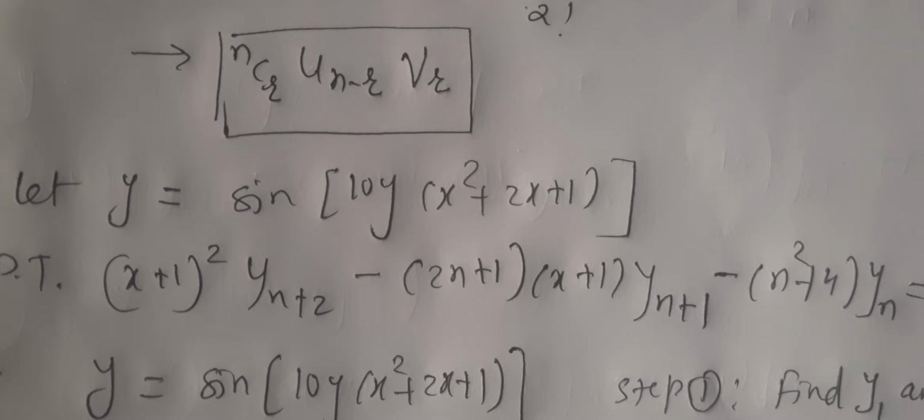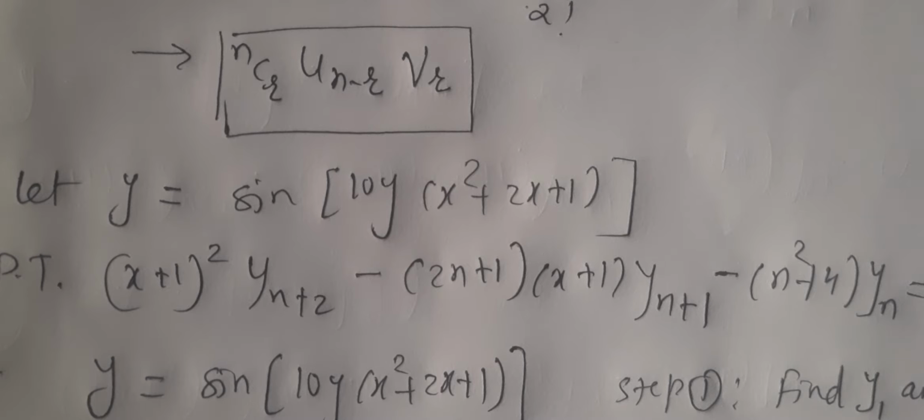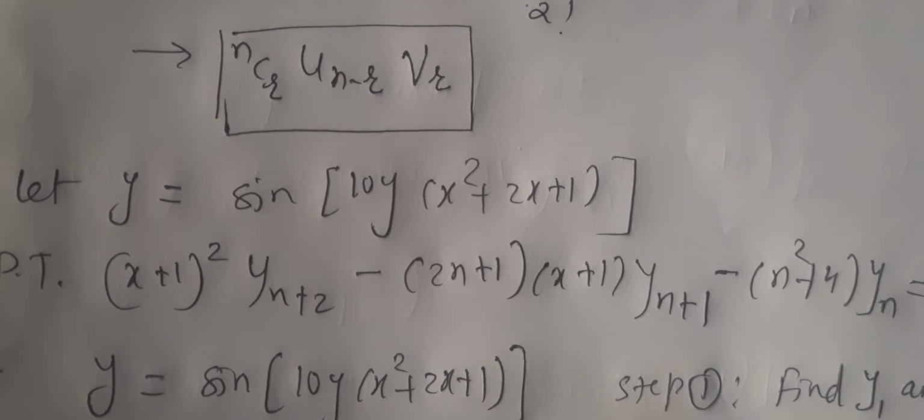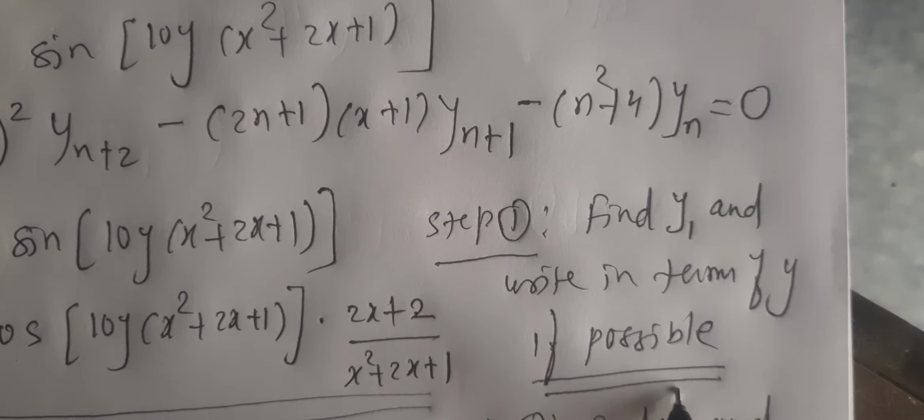So when your y is in terms of e, y1 will also contain the term e. So definitely whenever y is in terms of e, you will be able to write y1 in terms of y. I am repeating, say if y is e raised to x, y1 will be e raised to x. So if y is e raised to any power, y1 will be e raised to that power into derivative of the power. So you can see here y1 will be y into something. So whenever it is in terms of e, you can always write y1 in terms of y, which I told you, write in terms of y if possible.